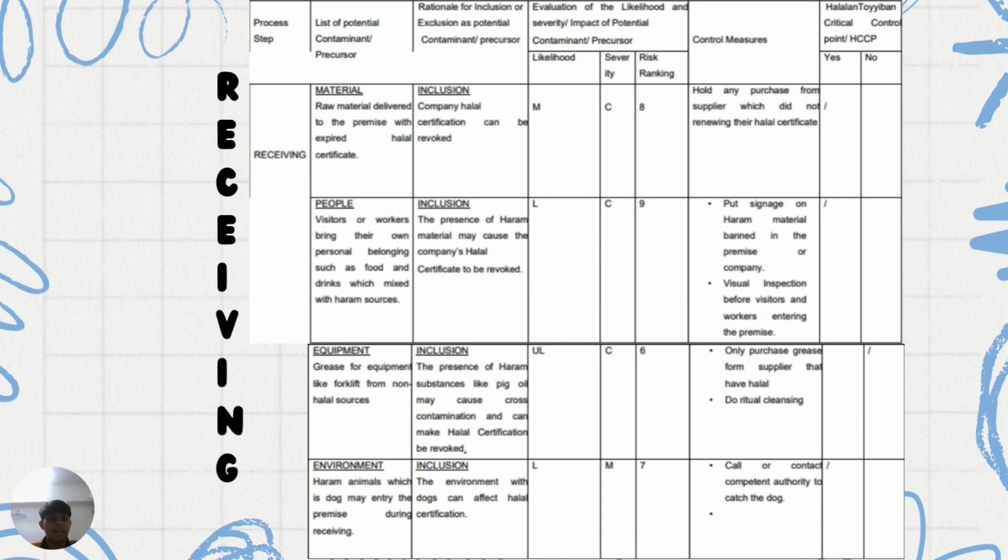Inclusion: the presence of haram material may cause the company's halal certificate to be revoked. The other one is the presence of haram material may cause the products in our factory to be mixed with the haram substance. The likelihood is likely and the severity is critical. And of course, the risk ranking will be 9.